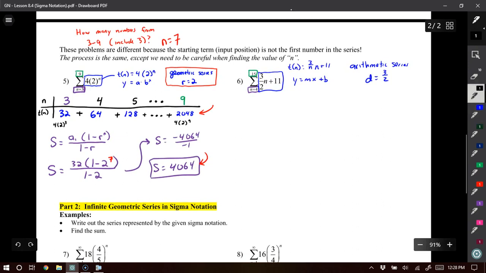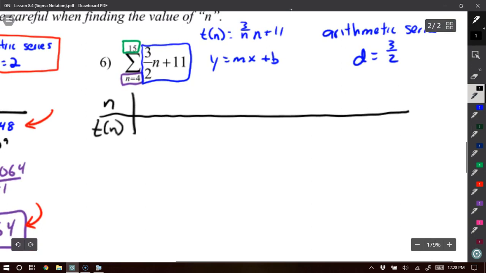So I'm going to have my table: n, my term position, and my value at that position. And then what am I starting at? Now I'm starting at 4. That's what this tells me. And I'm going to go to the 5th position, then the 6th position, dot, dot, dot, and I'm going to stop at the 15th position.